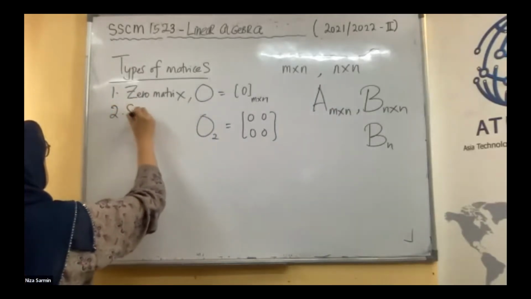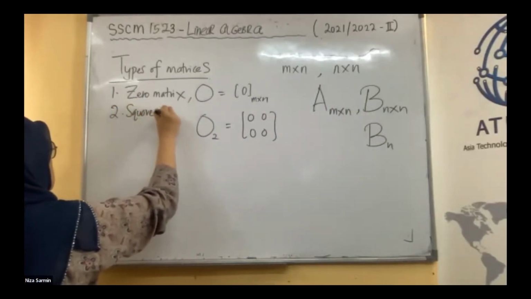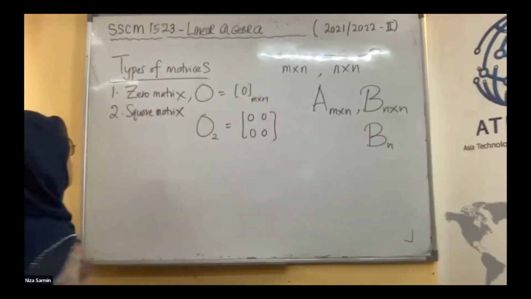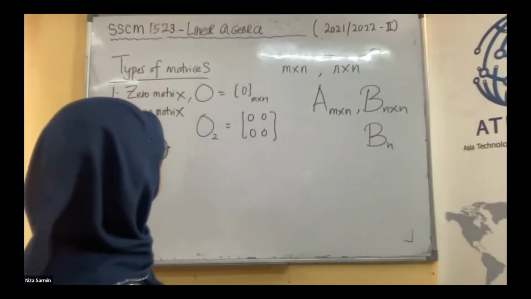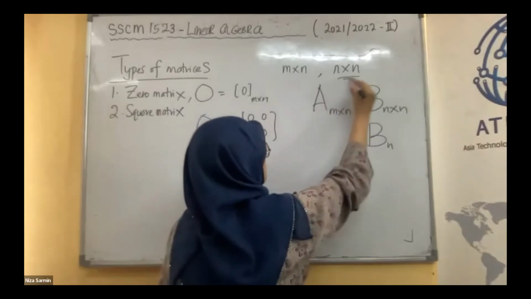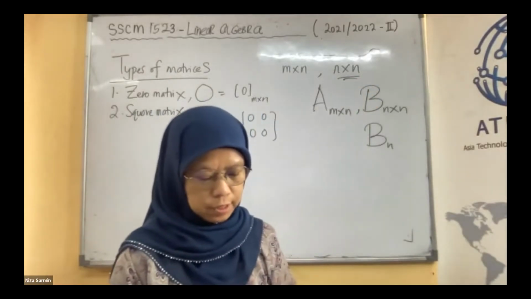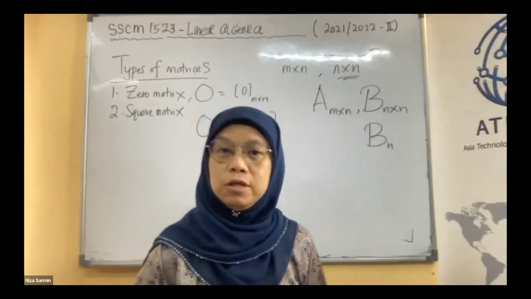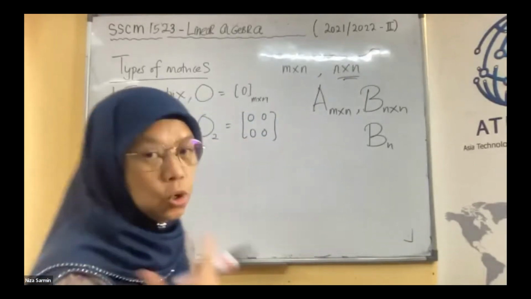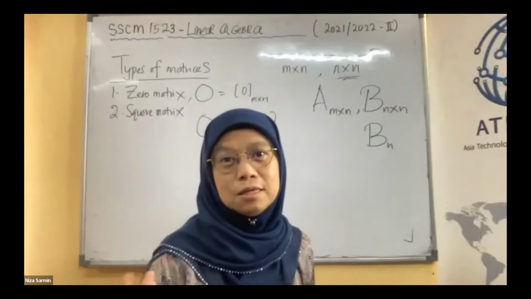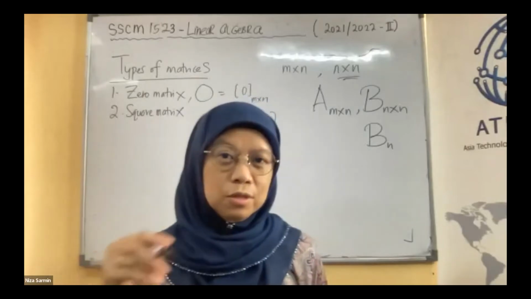The next one is a square matrix. So this is just the row equal to the column. Next, I mentioned the identity matrix. This is not just like school, where you just write out the entries.